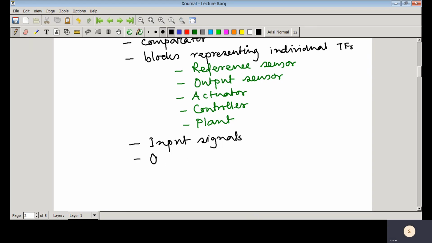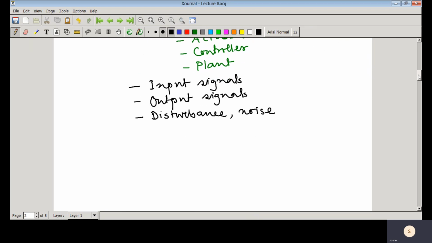Then output signals, that measure controlled output, that measure signal. And then the disturbance, noise. So these all are unwanted signals which are inevitable in closed loop control systems. And another one is the feedback loop.